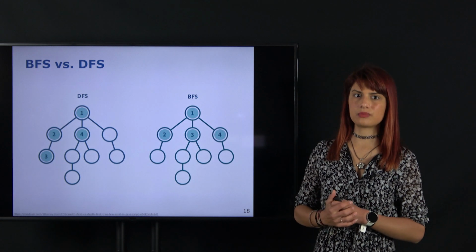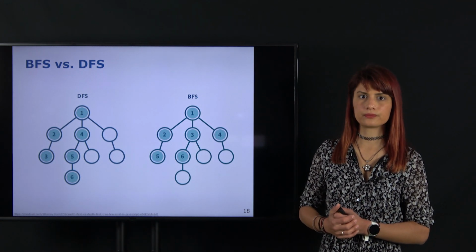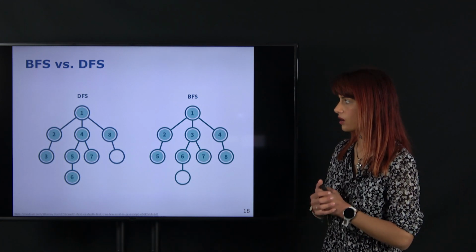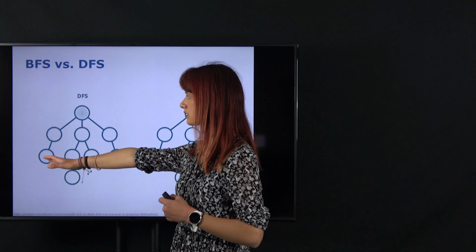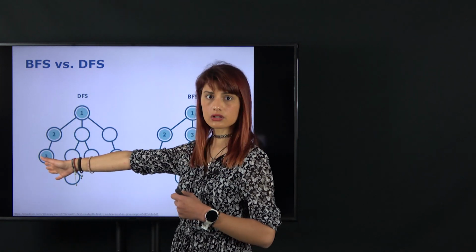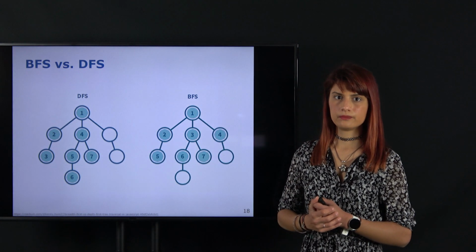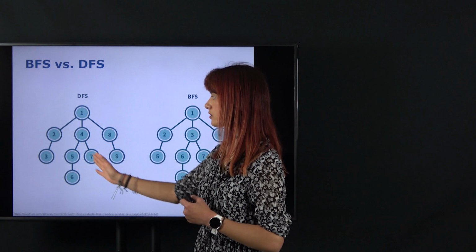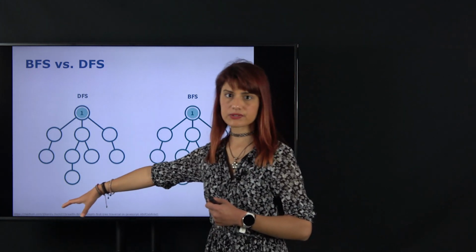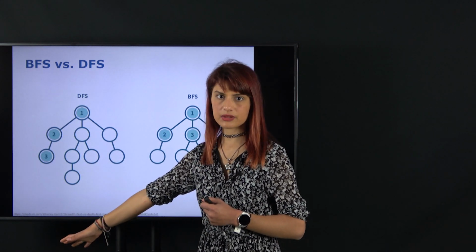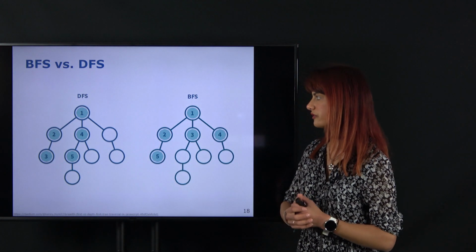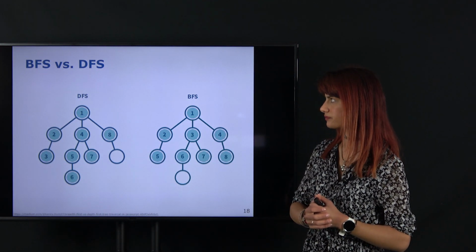Well, this highly depends on the structure of our problem. For example, if the optimal solution is over here relatively early on, then depth-first search will find it very quickly. But unfortunately, due to the order of its expansion, it may also get stuck in an infinite depth here or not be able to find the optimal solution.